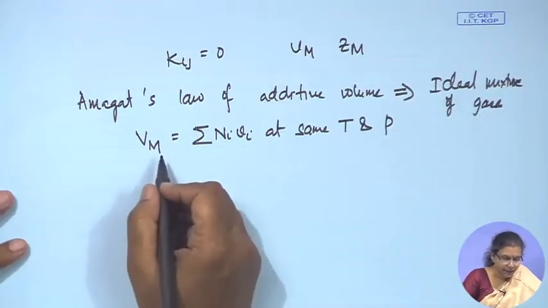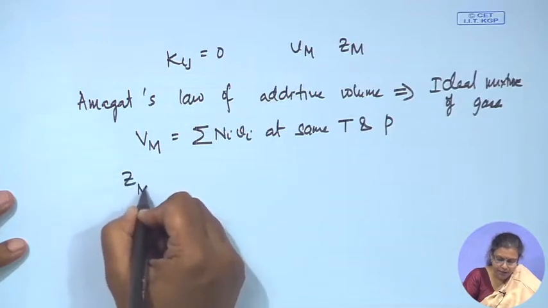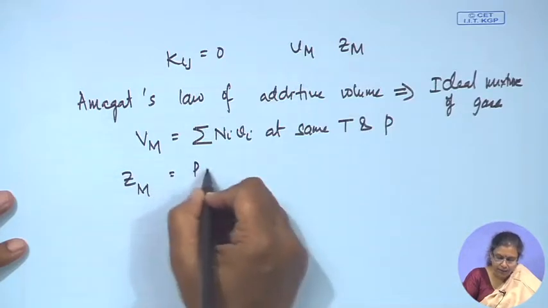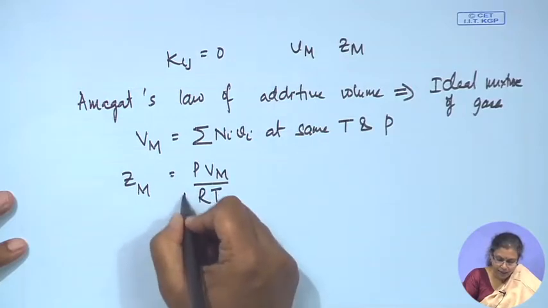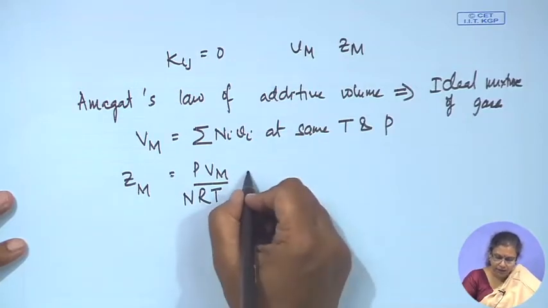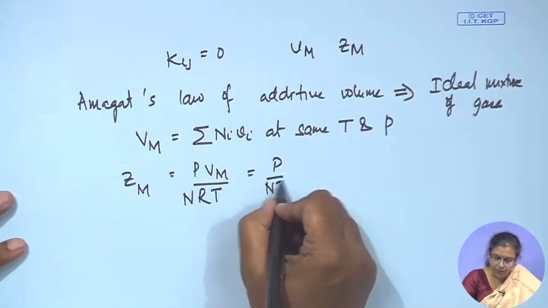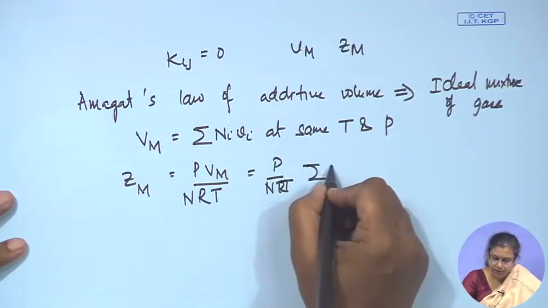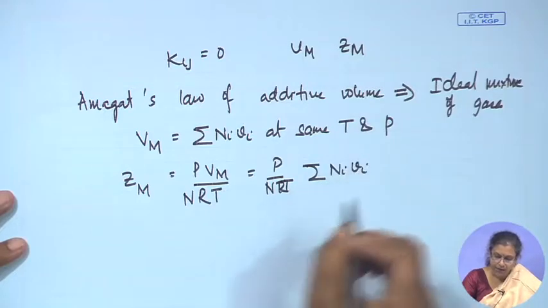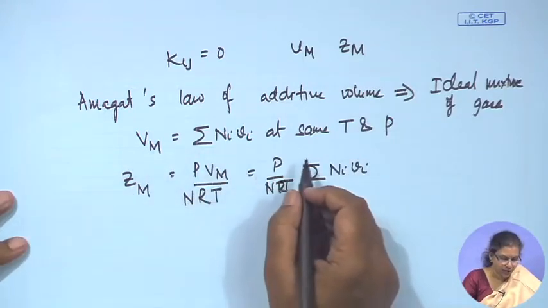So, therefore, in this particular case, how can we express Z m? This is nothing but equal to P V m by N R T, correct. Can we not write it down as P by N R T sigma N I V I, where V m has been substituted by this?